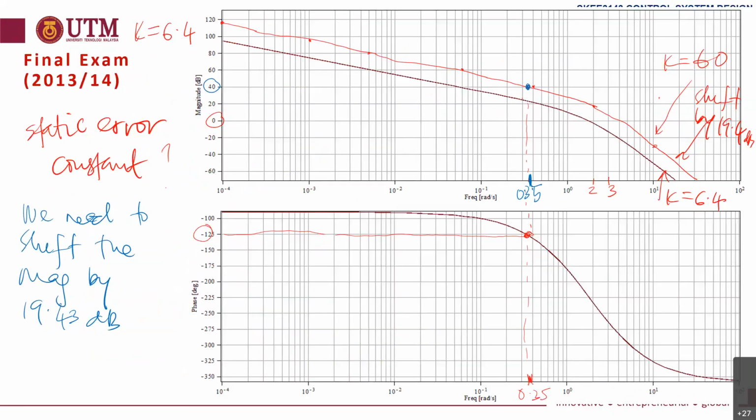We want the plot to cross 0 dB here at 0.35.